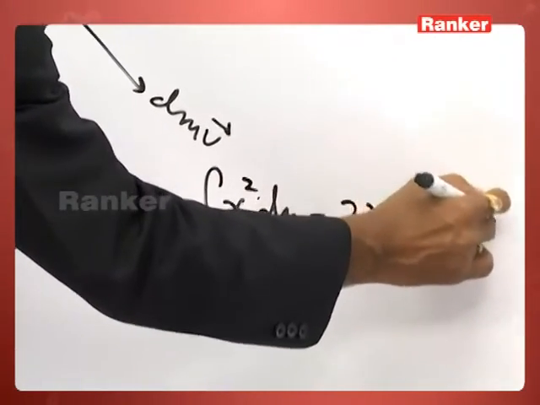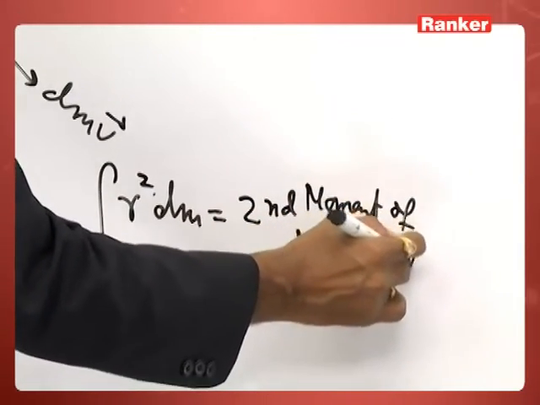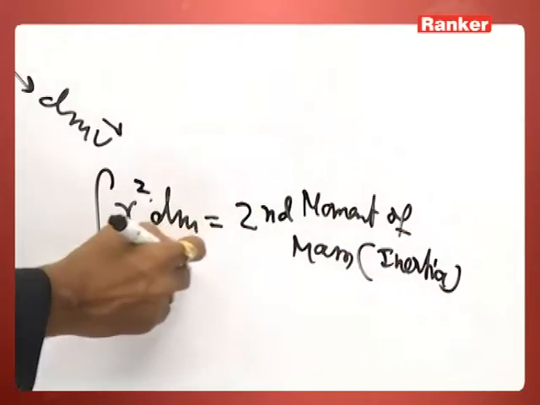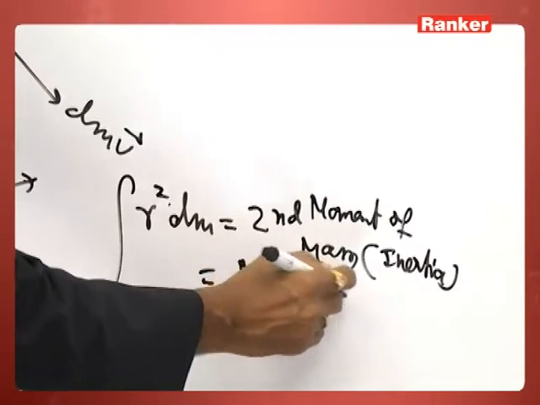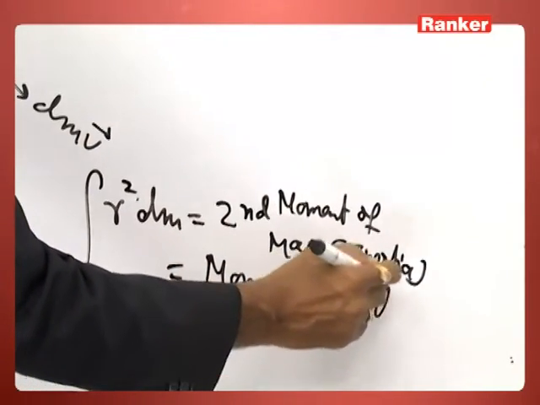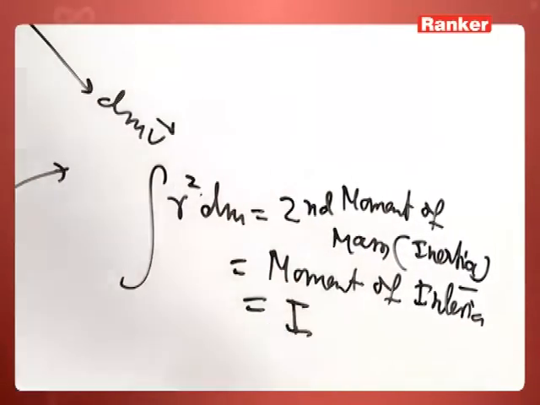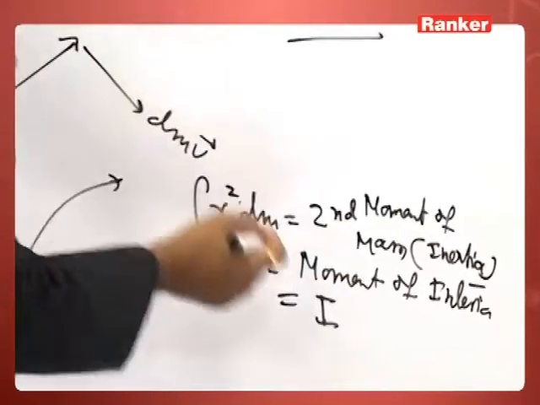Second moment of mass. We can call mass as inertia. Second moment of inertia, or more popularly, it is called moment of inertia, given as I. Moment of inertia about which point or which axis?